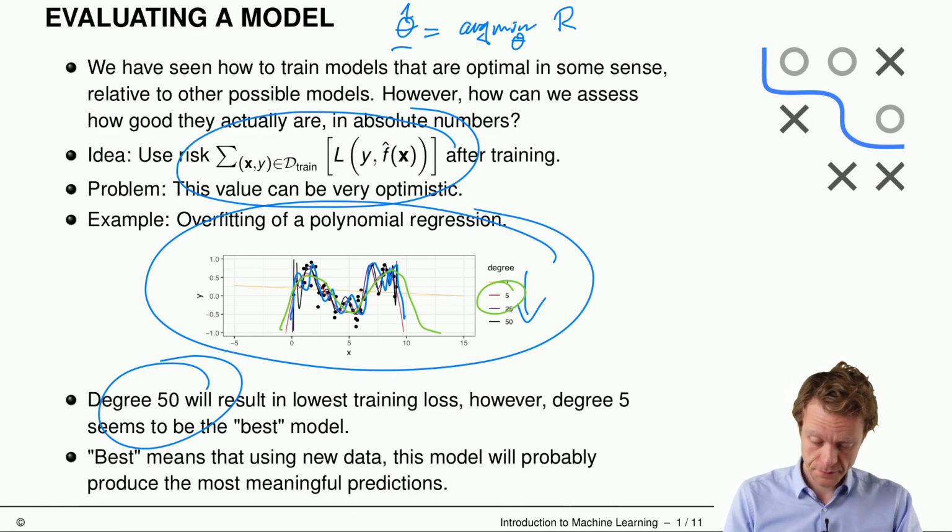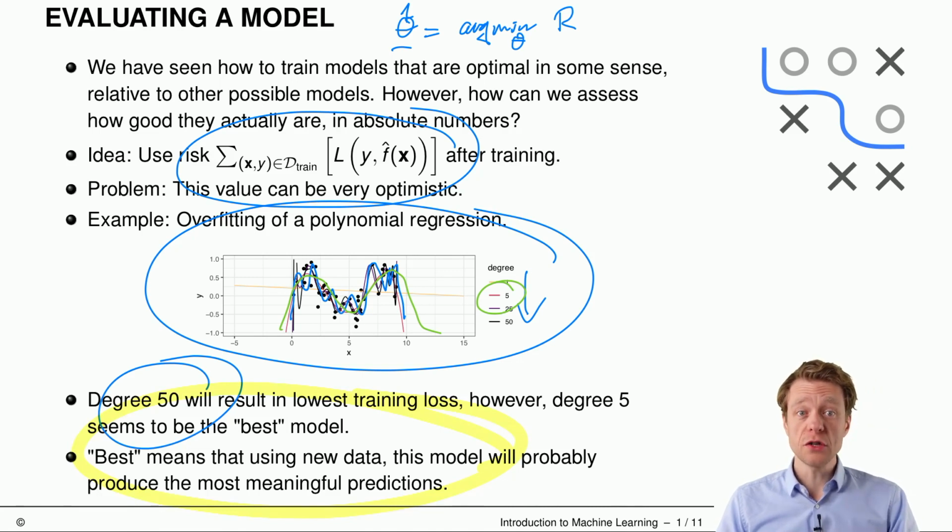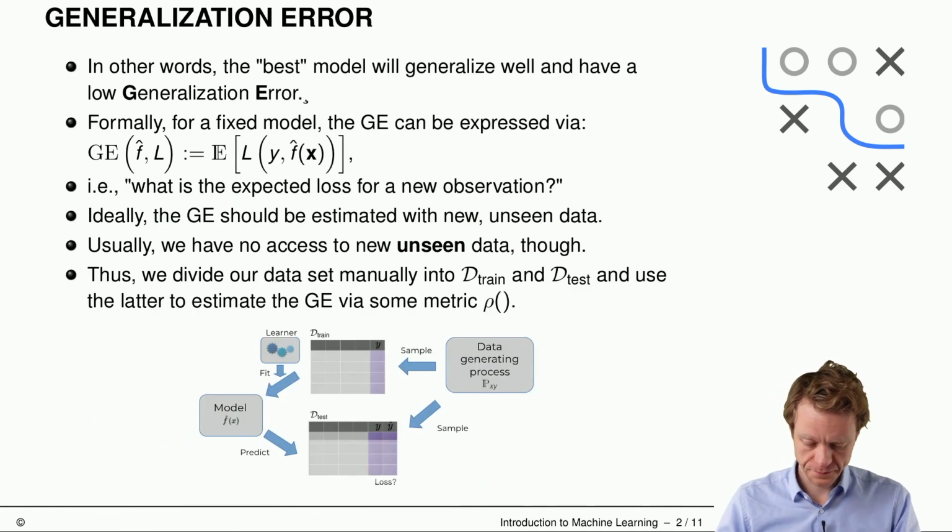Which means that if we use new unseen test data and we predict the target variable out of these test data, then this model will probably produce the most meaningful predictions or the best predictions in some sense. Okay, and we have to define what this in some sense really means.